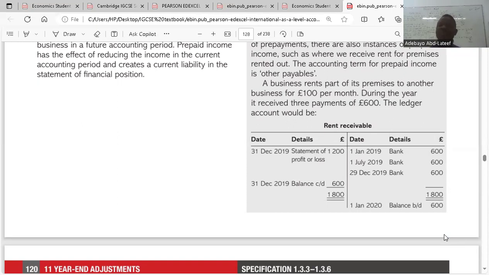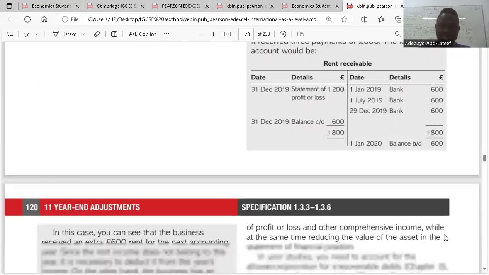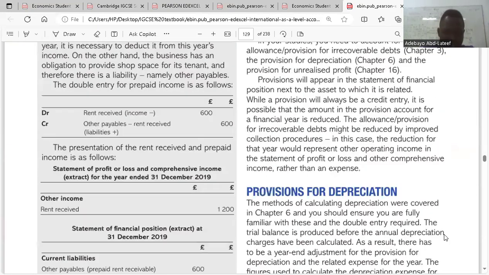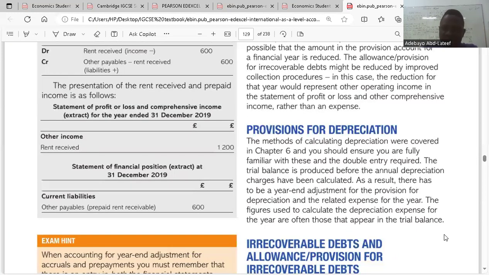So in our statement of profit or loss, we're going to have 1,200 on the credit side as other income, which is rent receivable. In our statement of profit or loss and comprehensive income, we will have other income as rent received on the credit side for 1,200.